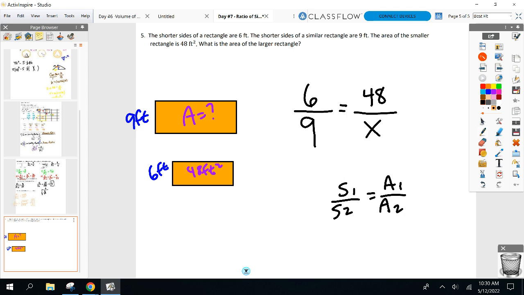Is that true? Absolutely not. How do I adjust it to make it true? Square the 6 and the 9. Yes. Do not set the similarity and area ever equal to each other. You're better than that.